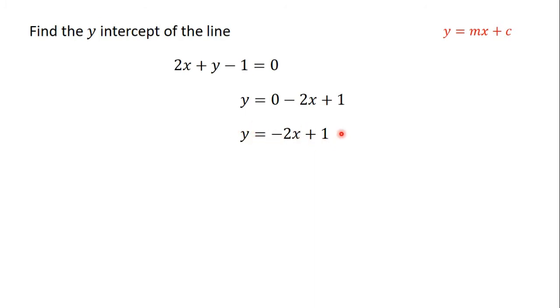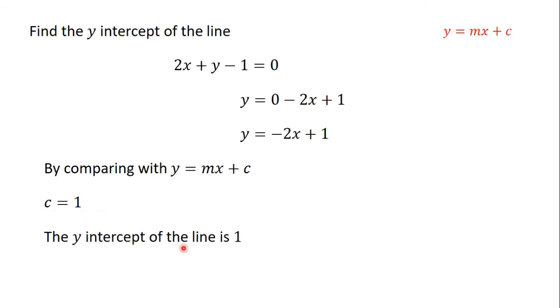Now that we have expressed the equation of the straight line in the same form as the general equation of a straight line, we can compare. So by comparing with y = mx + c, we will have c as 1. It means that from the equation of the straight line, we have been able to find the y-intercept of the straight line as 1. But the question wants us to use the graph.